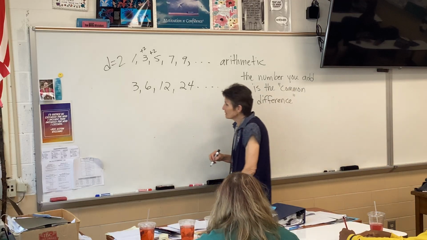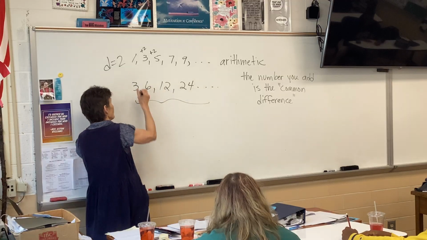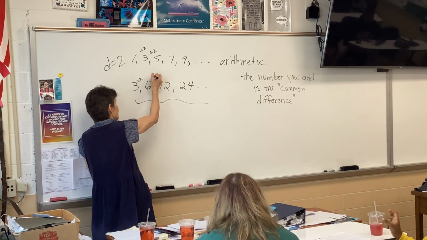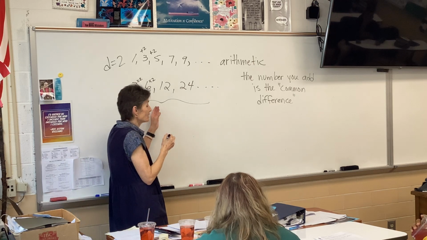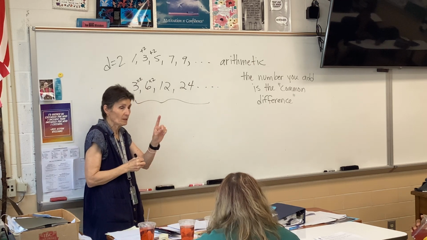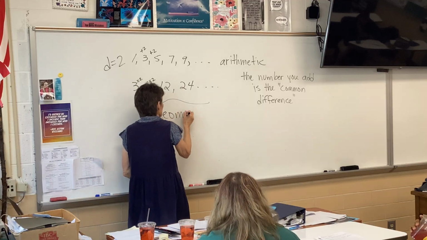Now, what about this guy right here? What's happening here? We're multiplying by 2. When you get from term to term by multiplying by the same number, you're a geometric sequence.